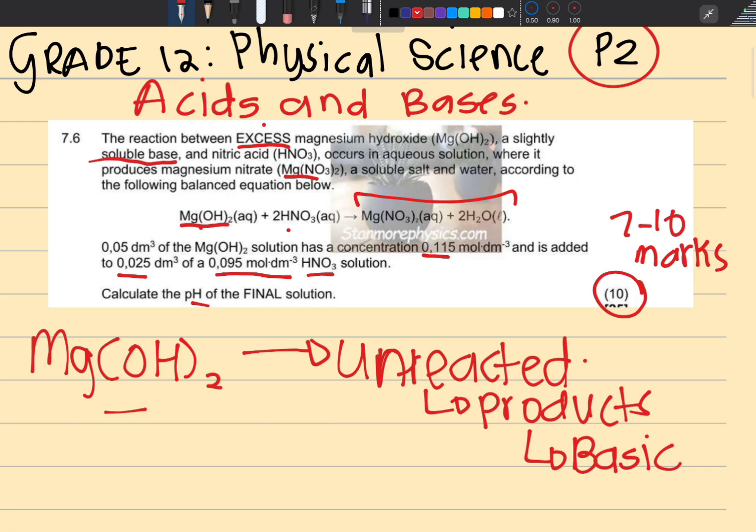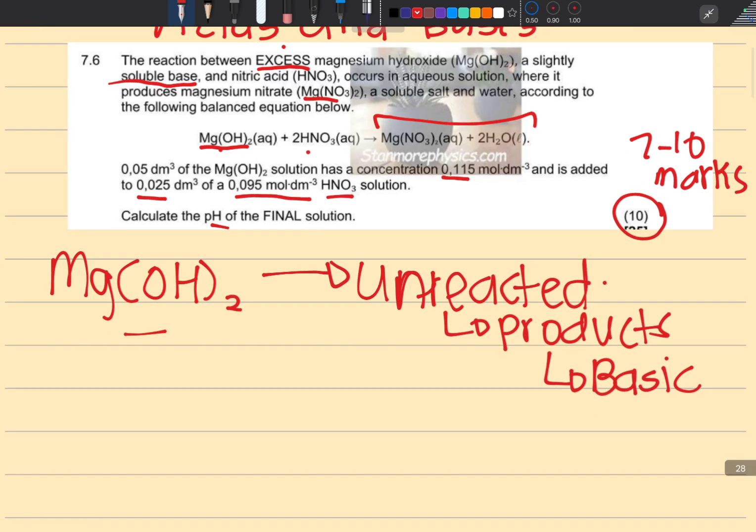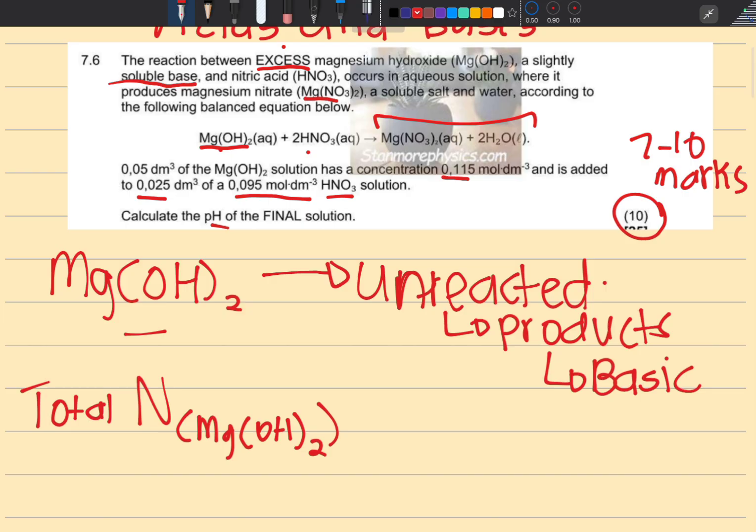So the first thing that I'm going to do is calculate the number of moles of magnesium hydroxide. This is the total that was initially added, so I will name it total n for Mg(OH)2.